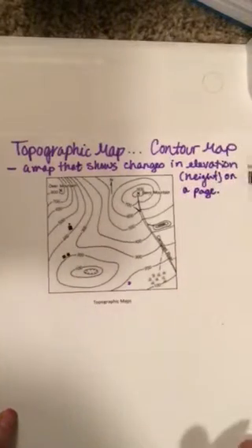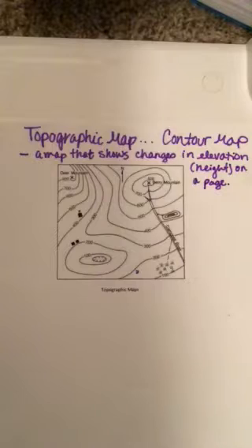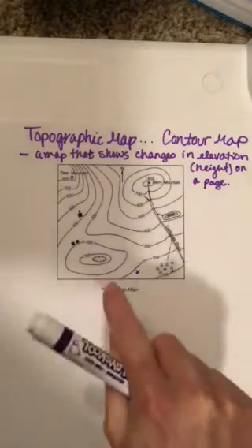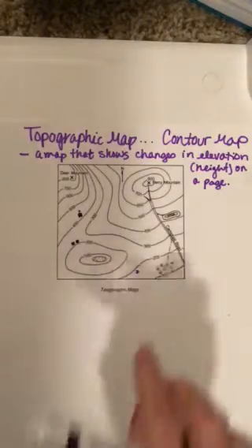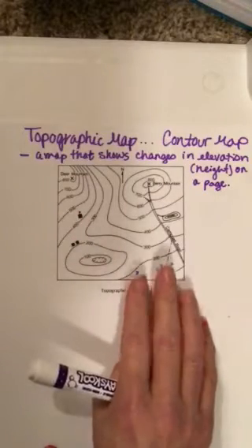So a lot of times if you would go up north to a state park, and you wanted to hike and see what's going on, you would get a contour map or a topographic map of the area, and you could look at the changes in elevation and pick your route. We're going to talk a little bit more about this image in a minute.